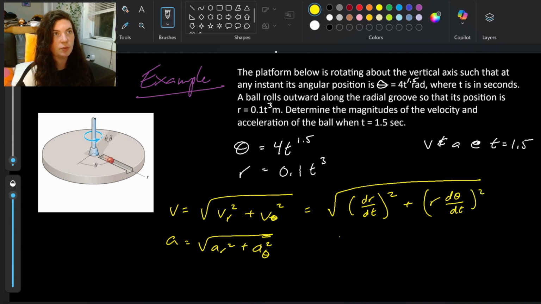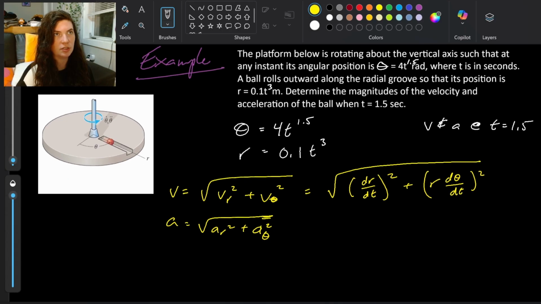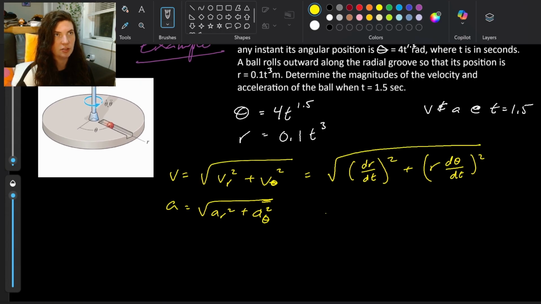Right, so we can do it this way, or we can just work to find those components of acceleration. So we could also just find a_r, which equals the second derivative of r, d squared r/dt squared, minus r times d theta/dt, and that term is squared.